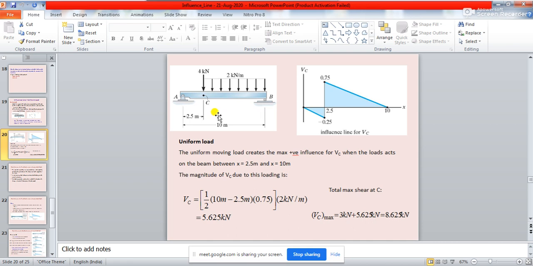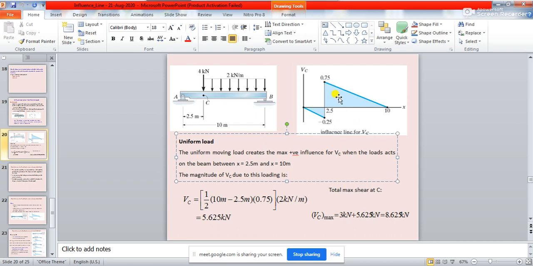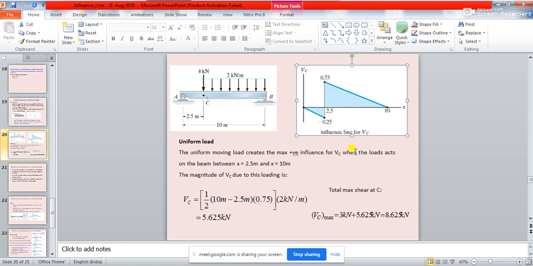Yes, 7.5 meter. Now in this problem, this is the influence line diagram for shear force at this point C. When this load is moving over this beam, at a particular instance, this 4 kilonewton load will exactly be coming over this 0.75 ordinate.